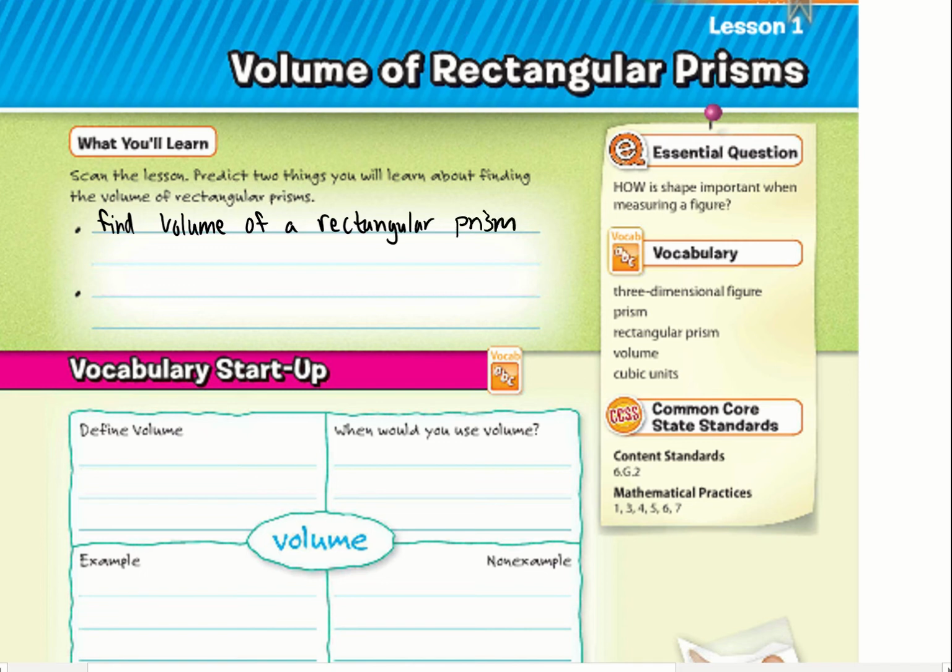The next thing, how to find a missing dimension of a rectangular prism.